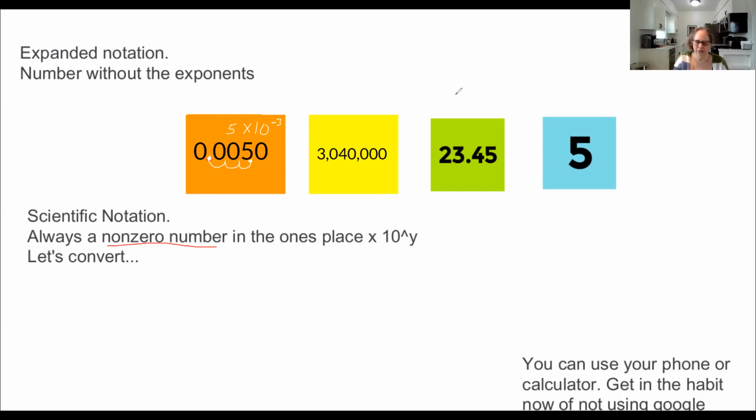Now, sig fig wise, let's go back and count. Leading zeros, never significant. 1, 2, 3, 4, 5, always significant. Trailing zero, significant if I see the decimal. So my answer has to have 2 numbers in it. If I put a 0 here, leading, still not significant, so that's not going to help.